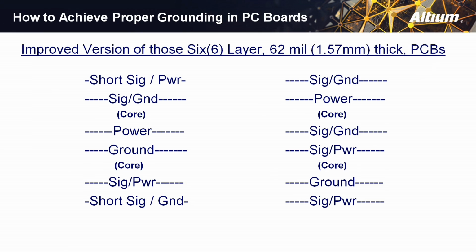We're getting power from the dielectric between 1 and 2, between 2 and 3, and 3 and 4, and 4 and 5, and 5 and 6. So the power delivery is coming from 5 separate, smaller dielectric areas. And the end result of that is that the fields from power are not interfering with signals and vice versa. And that's the third reason that Lee's board behaved better than the previous ones.